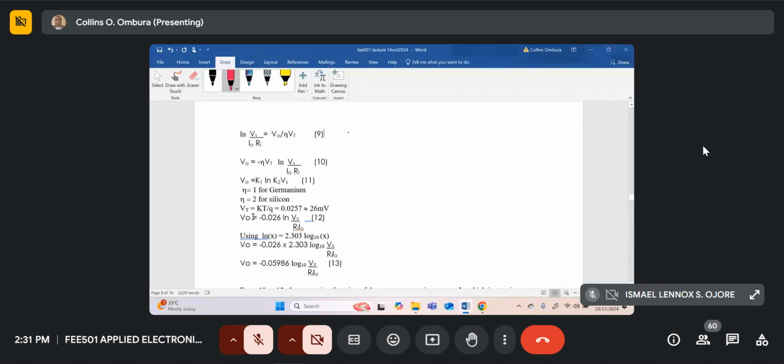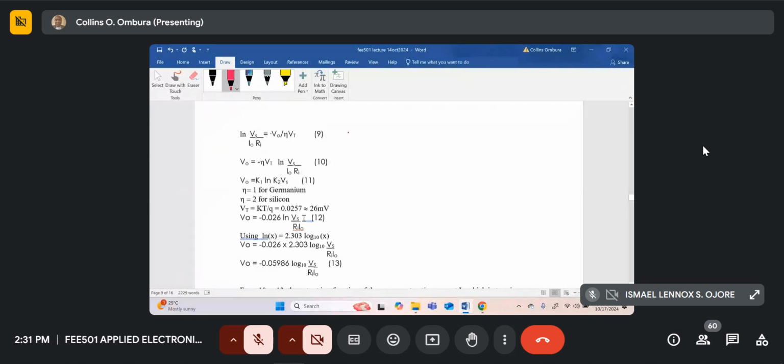So you'll get V naught is minus 0.026. Here I'm assuming neta is 1, times natural log of Vs over R1 I naught.